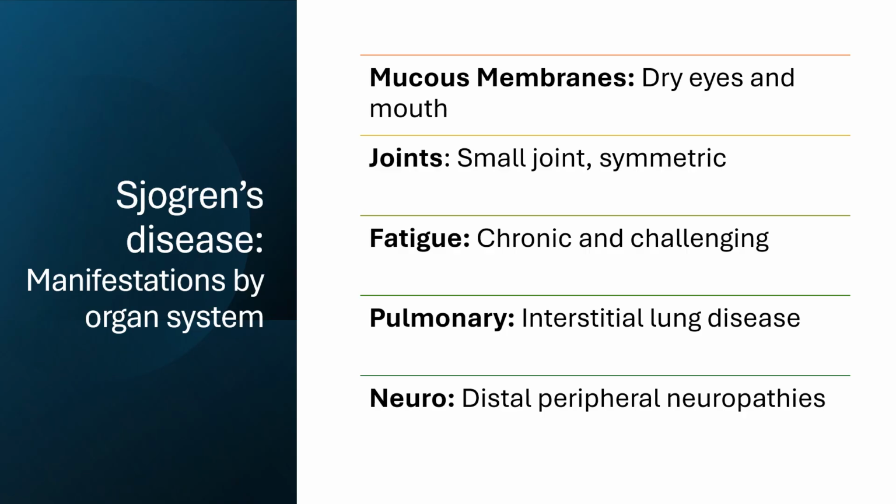This can affect just the feet and the hands, and again is usually a sensory deficit with numbness or tingling. Many patients who get a diagnosis of a small fiber neuropathy are then evaluated for presence of Sjogren's disease. So this is again a symptom that will help distinguish Sjogren's from lupus in many patients.